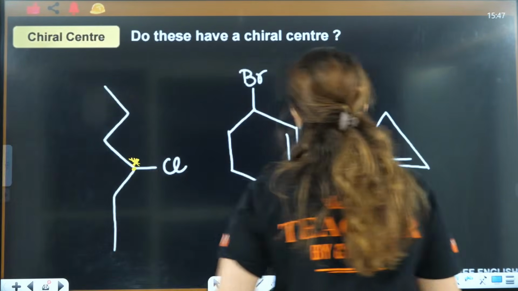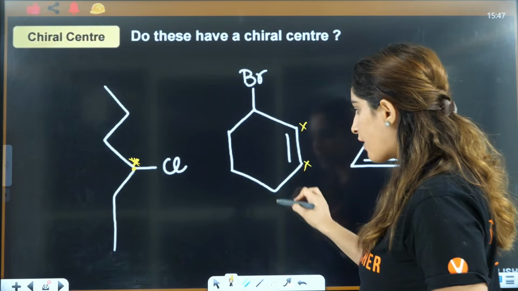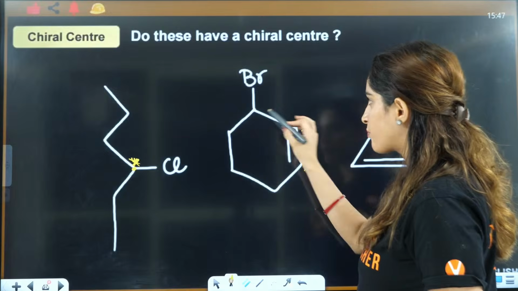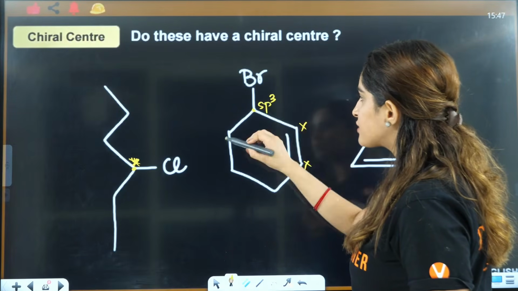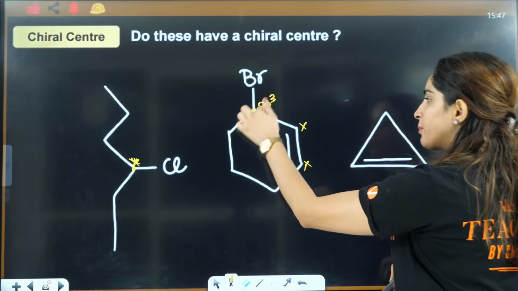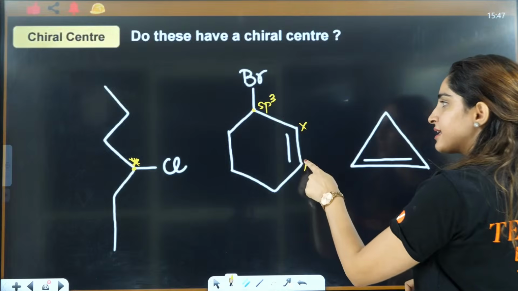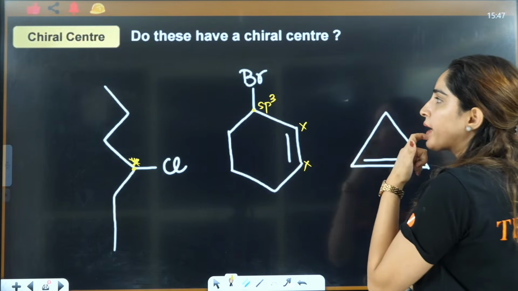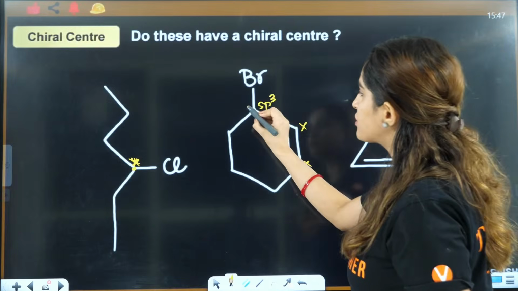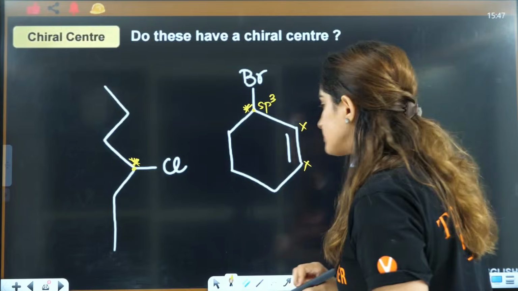What about this one? Here this is sp2, so not possible. Here you have 2 hydrogen, 2 hydrogen, 2 hydrogen, not possible. This carbon is sp3 and has 4 different groups: 1 bromine, 1 this CH2, 1 this CH, this one is different, this one is different, okay, and then there will be 1 hydrogen, so this is a chiral center, right?